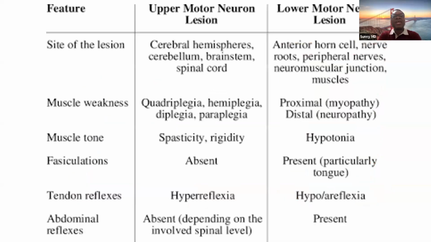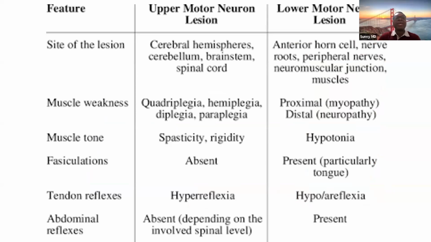And so, still on the recap, essentially in neurology we're trying to distinguish upper versus lower motor neurons. These are really basic, but they are the building blocks of neurology examination and lesion localization.